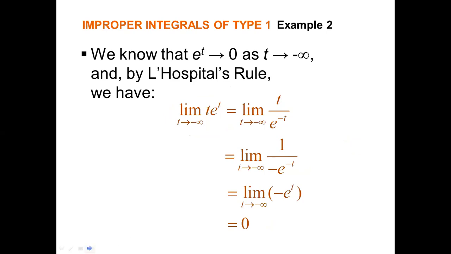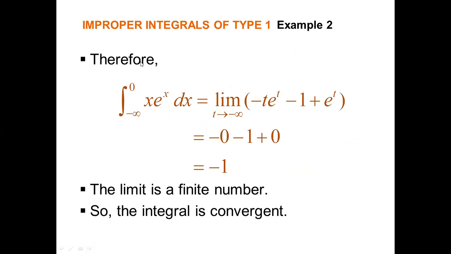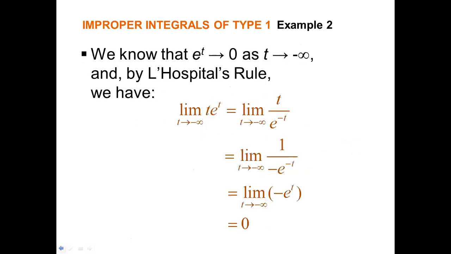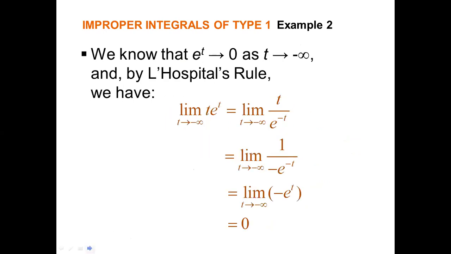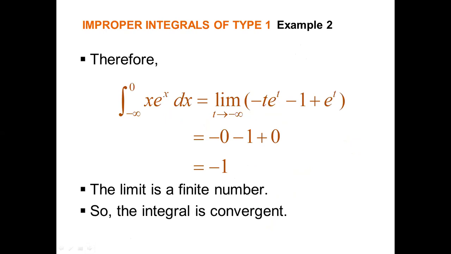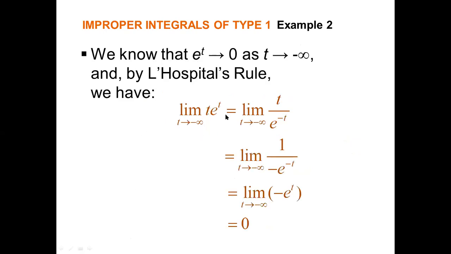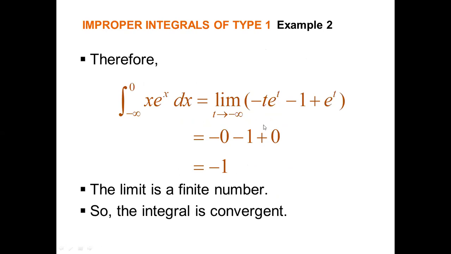So we'll proceed. So therefore, if you have a limit for negative infinity to 0, for our t in the previous integral, this is our previous integral by the way, this t. If we will change that to negative infinity like this one, which uses this discussion here, it would be like this. So negative t e raised to t minus 1 plus e raised to t.